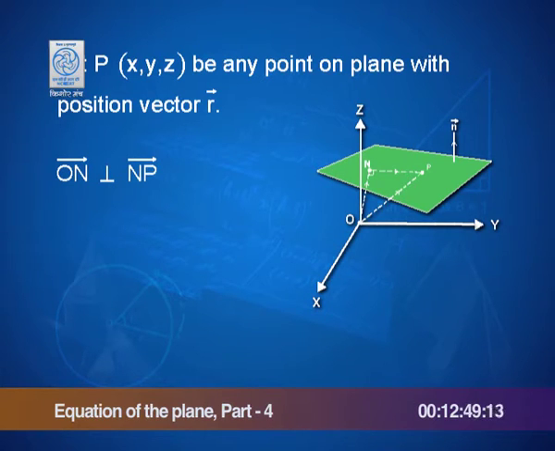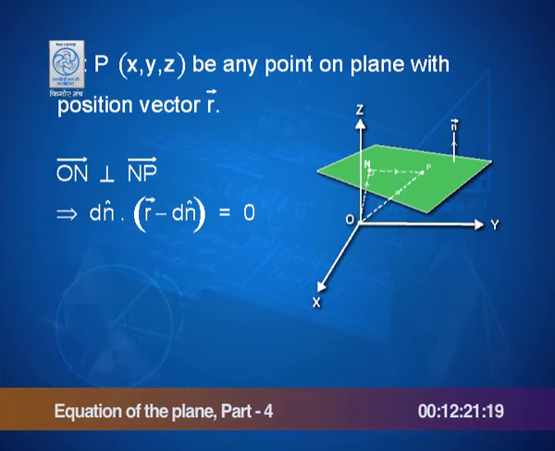If I take P to be any point on this plane with position vector r, then I know that the vector ON, which is perpendicular to the plane, will also be perpendicular to the vector NP that is contained in the plane. And therefore, the dot product condition, that is the dot product of these two vectors equal to 0 must be satisfied.